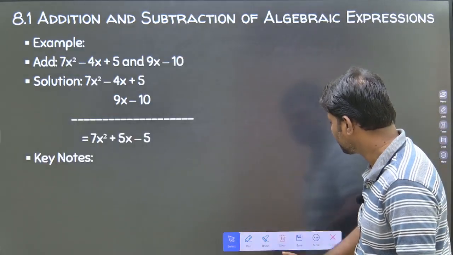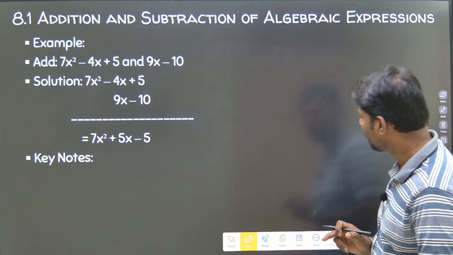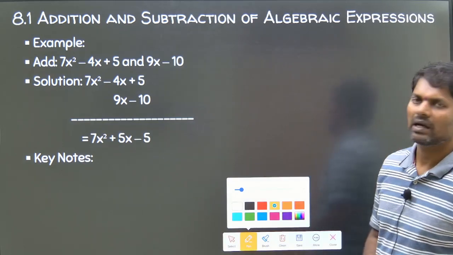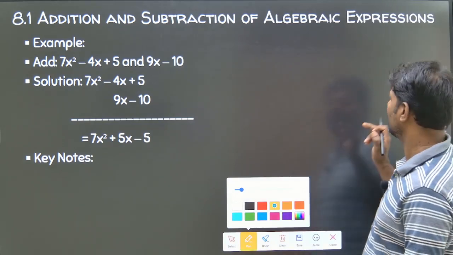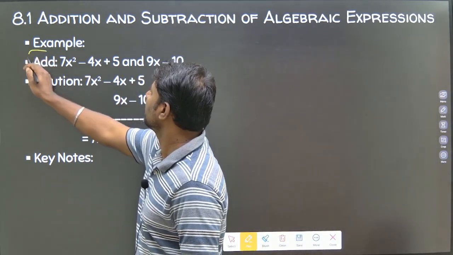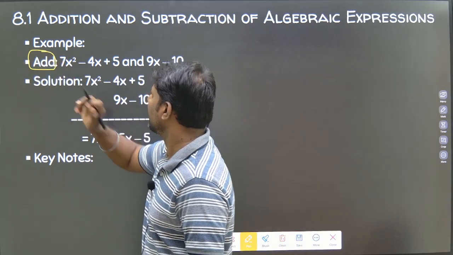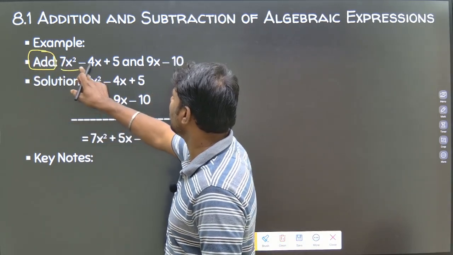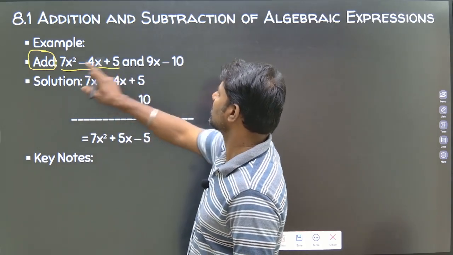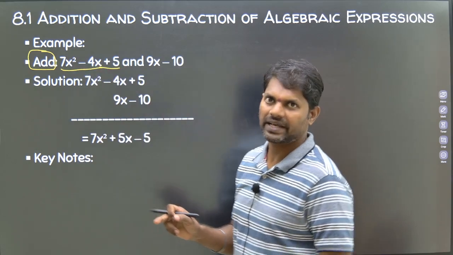Now let us see how to perform addition of algebraic expressions. Okay. Question is add 7x square minus 4x plus 5. So this is one algebraic expression.